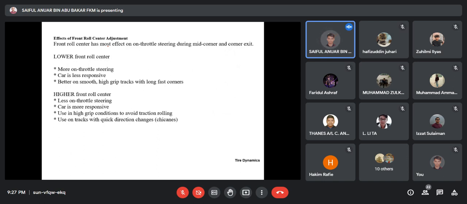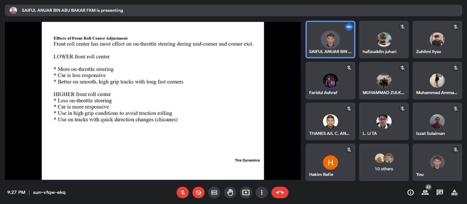Usually we don't decide the roll center at the back, because we want our vehicle to have an understeer driving condition.